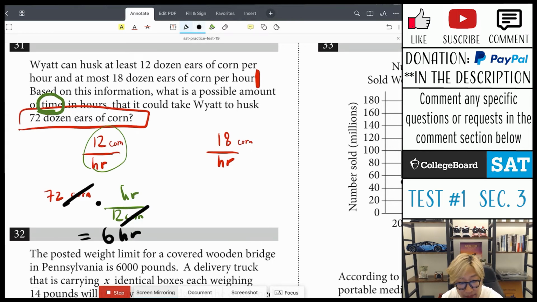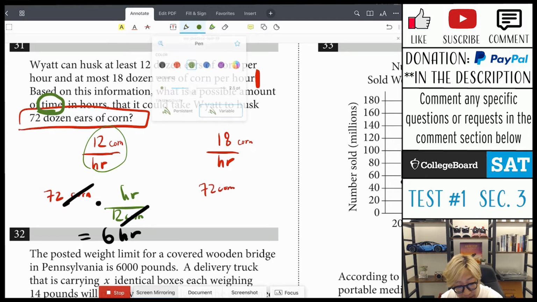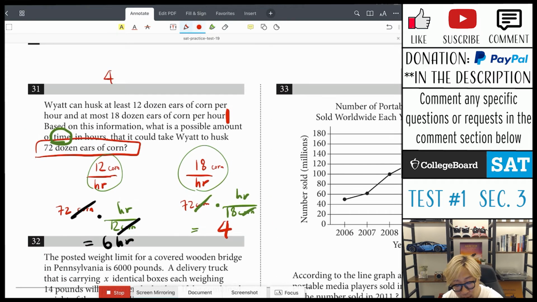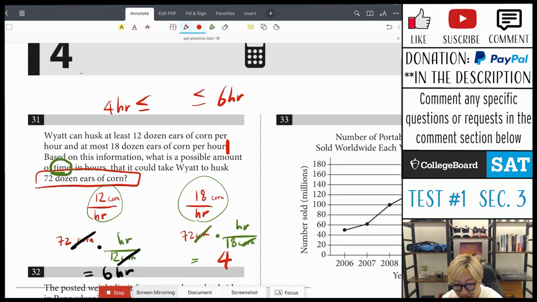Do the same thing here. So 72 corn. Once again, flip this, because then you can cancel the corn. So multiply, cancel the corn, and that will give you a 4. So anything in between 4 hours and 6 hours could be your answer. It really doesn't matter. So just put 4 or 5 or 6.